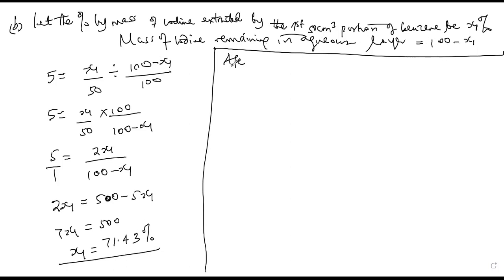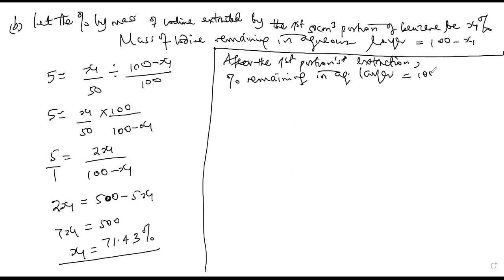So after the first portion's extraction, the percentage by mass of iodine remaining in the aqueous layer will be equal to 100 minus X1, which is 100 minus 71.43.